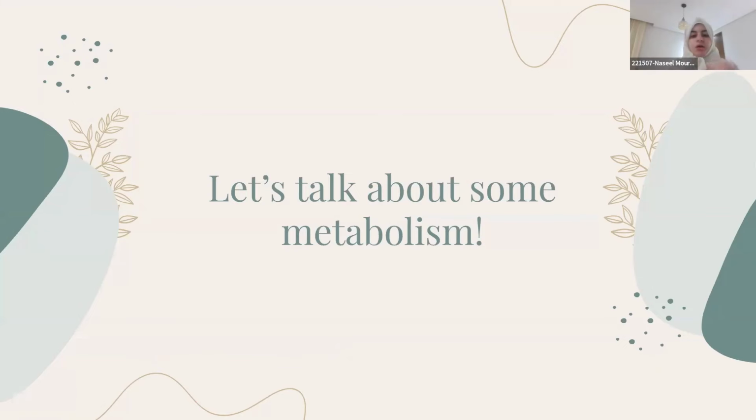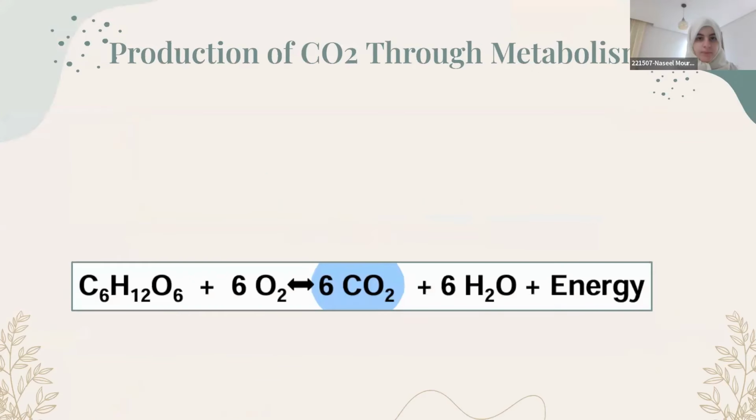All right. So now we can talk about some normal metabolism. Now let's see what happens throughout the body. Remember I told you at the beginning that throughout body processes, we produce acids and bases. So now we're going to talk about some of these substances. How do we produce carbon dioxide generally? We know it's produced throughout all body tissues.